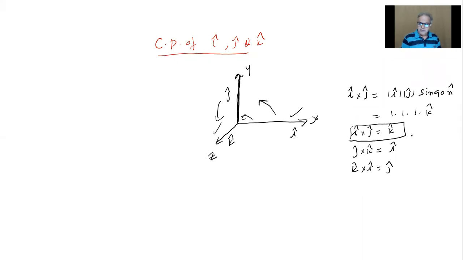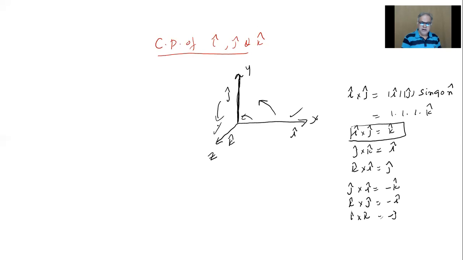Do you follow? j cross i will be minus k. k cross j will be, tell me, minus i. i cross k will be minus j. You'll get the third one, but with a minus sign if I go in this direction.